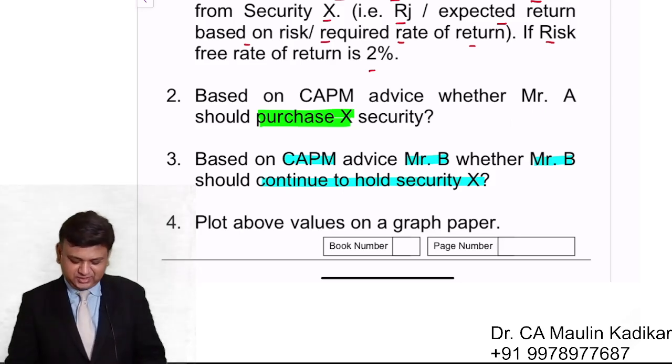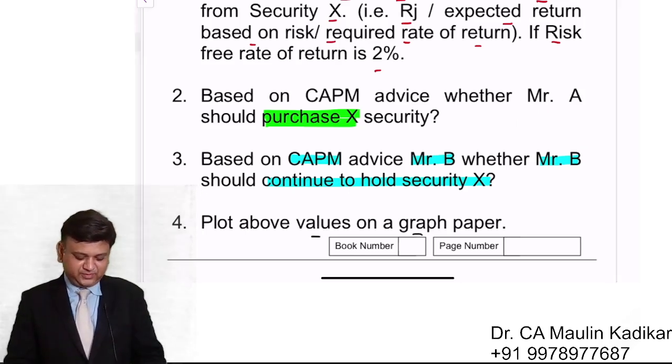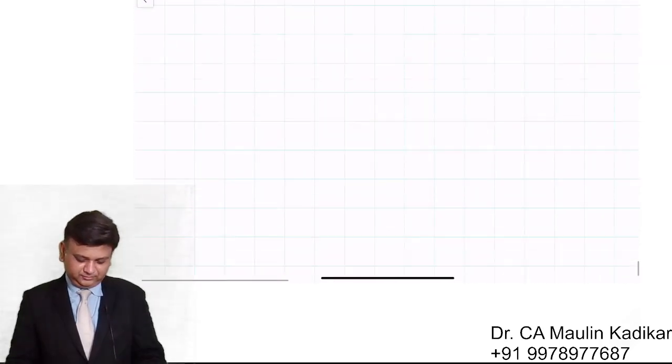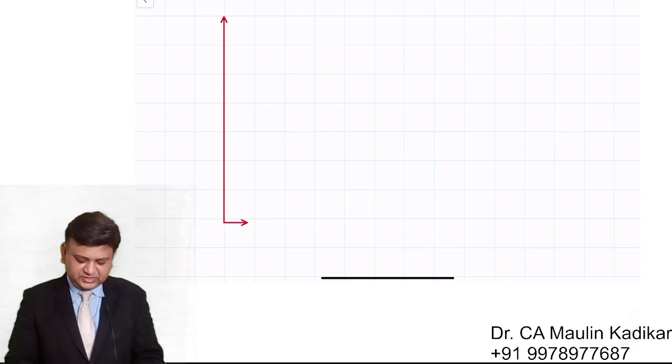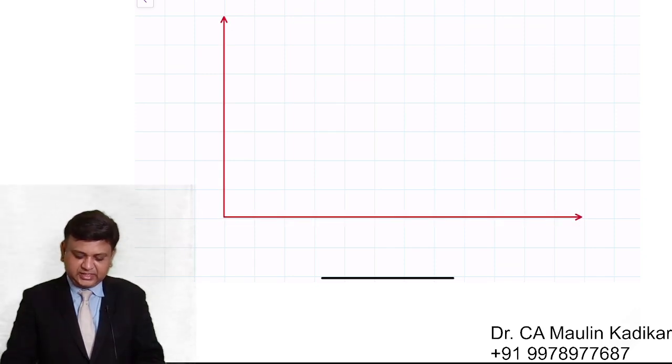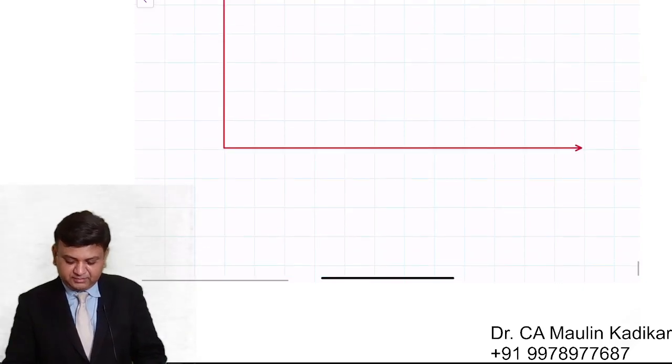Next question, plot the above values on a graph paper. So we are required to draw diagram. Friends, in the diagram again on x-axis we will take an independent factor, and the independent factor is in form of the beta of the security.